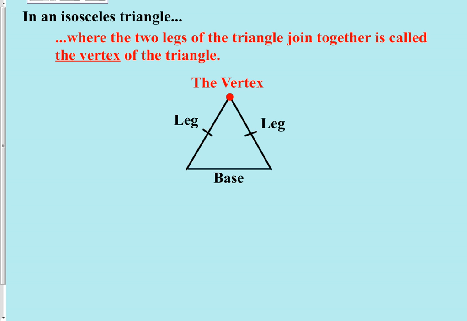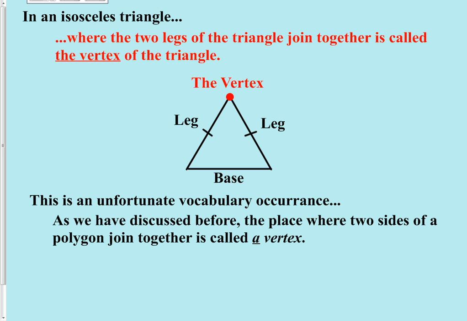Now here's where the geometry gets a little strange, because we run into some naming situations that get a little bit confusing. This is a very unfortunate vocabulary occurrence, and it's going to require a little bit of attention by you guys to make sure that you get this information correct. As we have discussed before, the place where two sides of a polygon join together is called a vertex. This is still true.